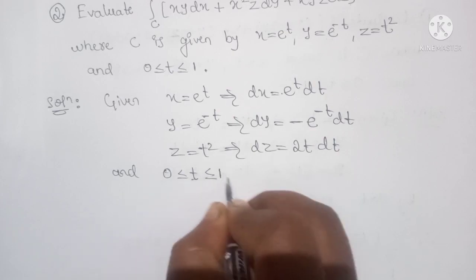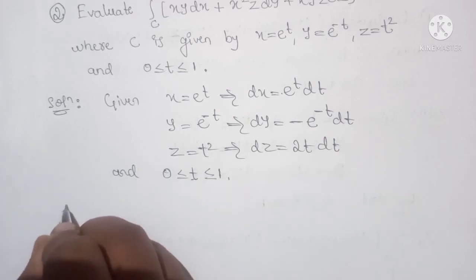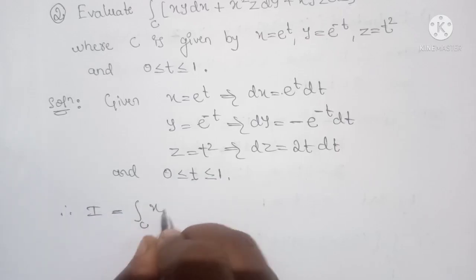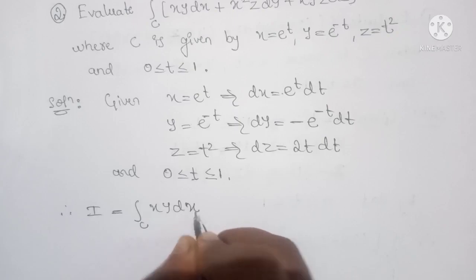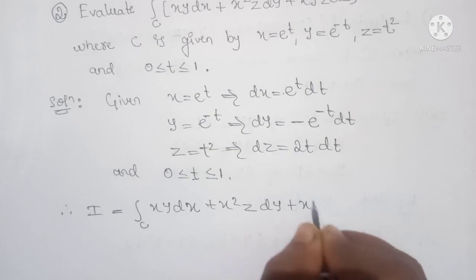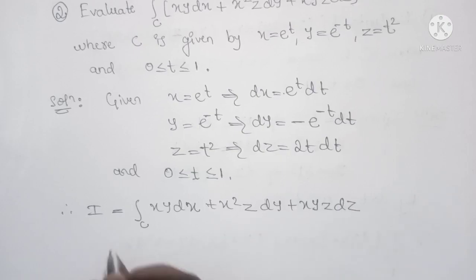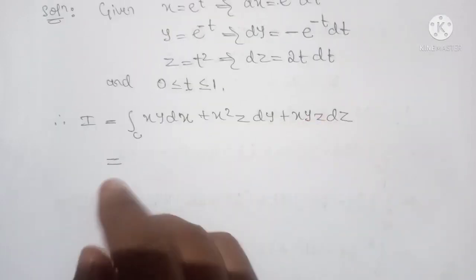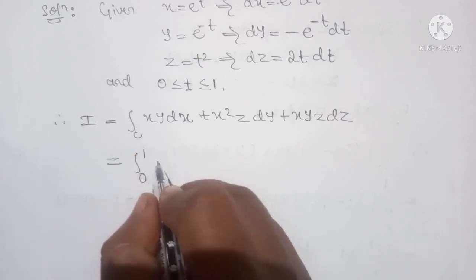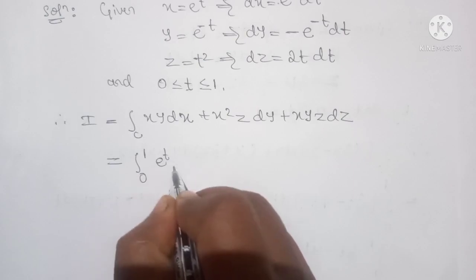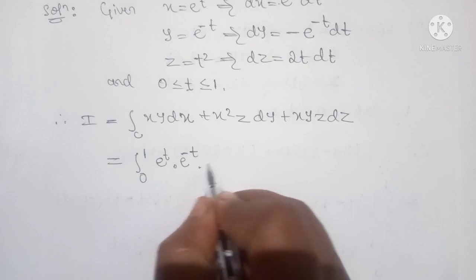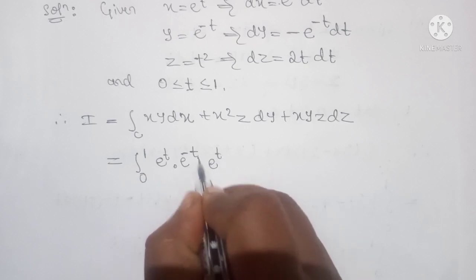0 to 1. So therefore the given integral is equal to the integral over c of xy dx plus x square z dy plus xyz dz, which equals integration 0 to 1. The x value is e raised to t, y value is minus e raised to minus t, and dx value is e raised to t dt.